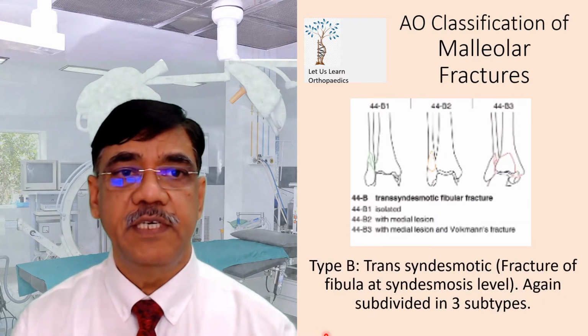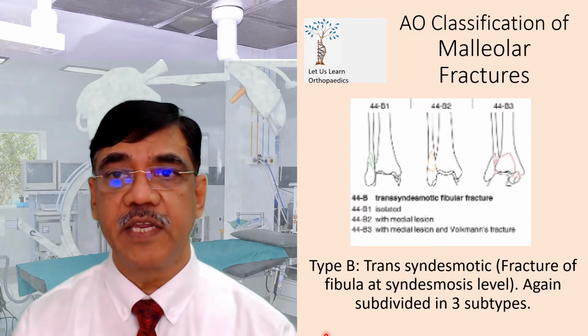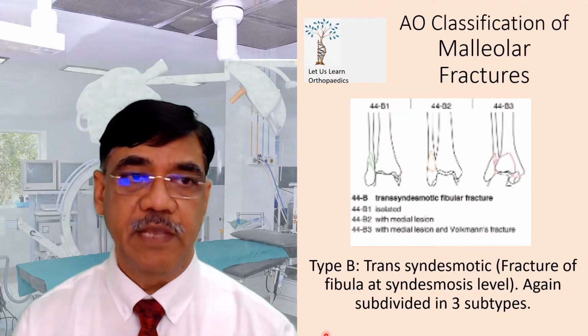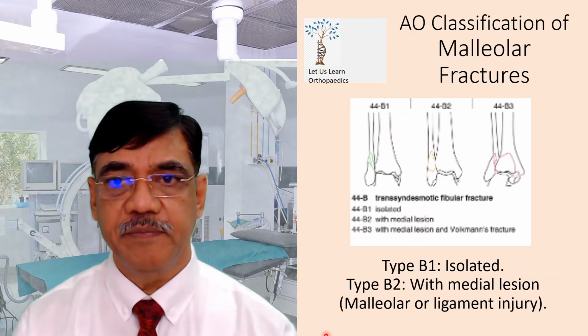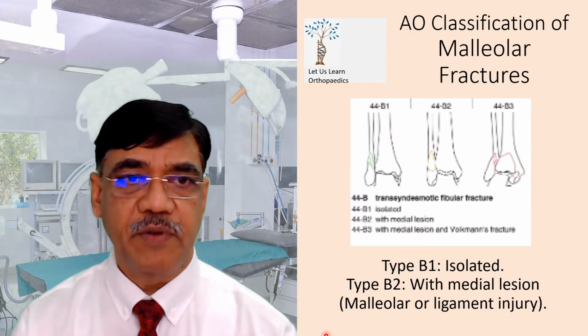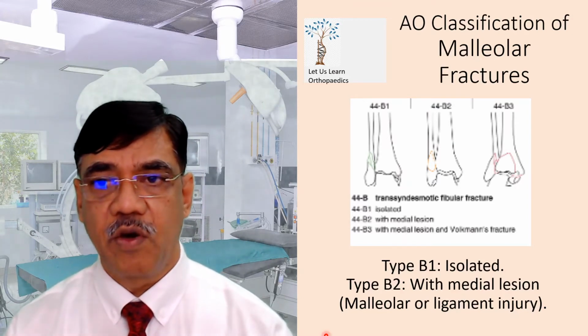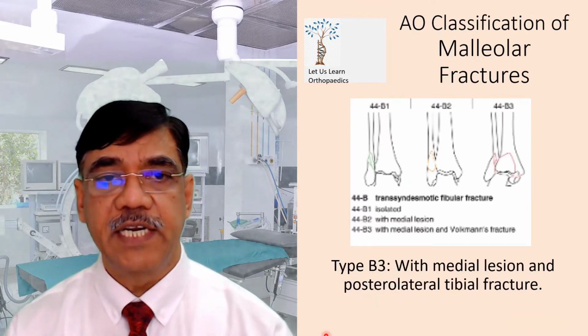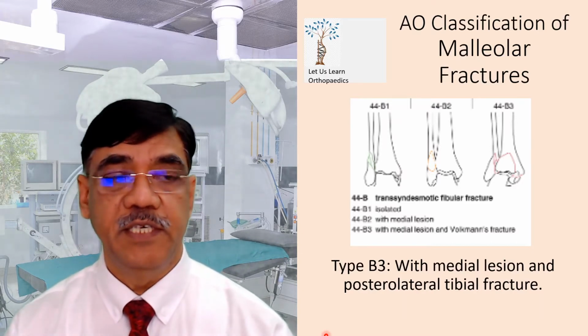Type B, the transsyndesmotic, that is the fracture of the fibula occurring at the transsyndesmosis level. Again, it is further subdivided into three subtypes. Type B1, it is isolated fracture. Type B2 with the medial lesion, malleolar or the ligamentous injury, and type B3 with the medial lesion and posterolateral tibial fractures.